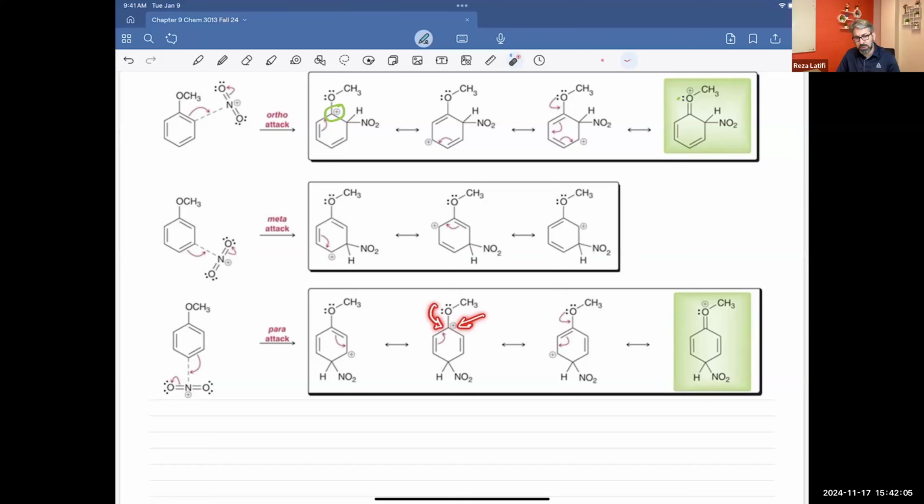And if that happens, again, we will get a double bond between the carbon from the benzene ring and oxygen, and the positive charge will be sitting on oxygen rather than carbon. So we managed to make the carbon octet. Yes, the cost is now having a positive charge on oxygen, but the carbon is octet and doesn't have a positive charge. And we managed to distribute the positive charge beyond the ring.